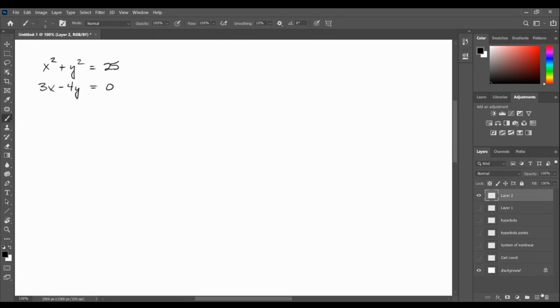Now, just kind of thinking about this for a second, remember systems of equations, we were finding out where two lines intersected. Well, now we're finding out where, specifically, a line and a circle intersect. So if I've got a circle and a line, how might they intersect?